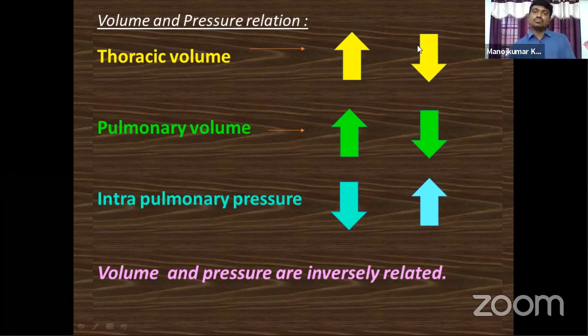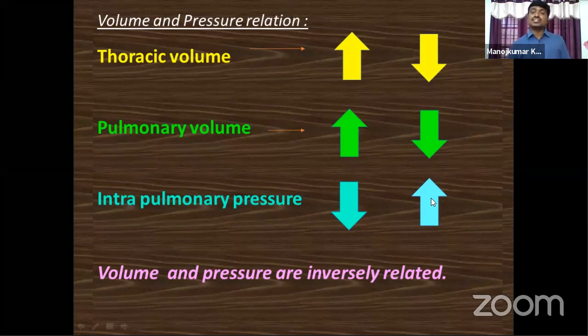See here, the thoracic volume, downward arrow indicates decrease. If the thoracic volume decreases, the pulmonary volume also decreases. As the chest cavity gets tightened due to decrease in the volume, what happens to the intrapulmonary pressure?